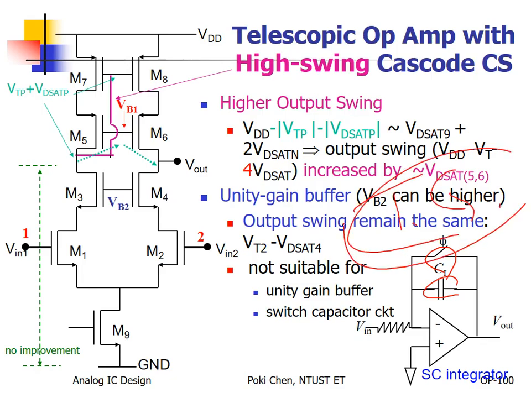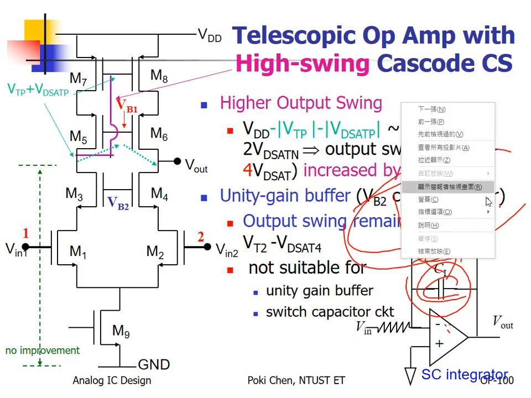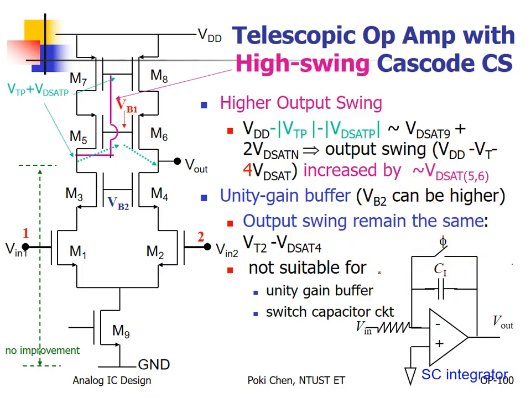What is a transmission gate? One PMOS and one NMOS connected in parallel, right? Such an analog switch needs to be connected in parallel with your capacitor. During reset, it is closed. It means your Vout is connected directly to your negative input.